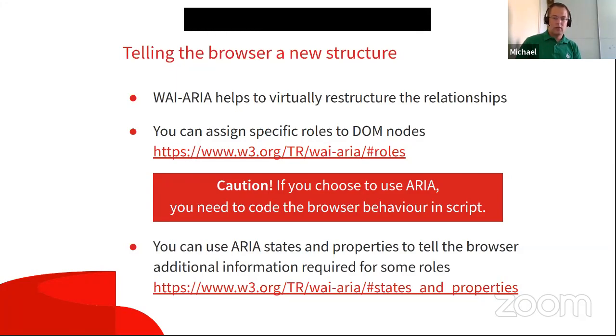If you create, for example, a span element and give it the role button, it doesn't have any of the behavior that is expected, and you have to do it all on your own. Additionally, with ARIA, you can assign states and properties to tell the browser additional information, like the number of children, the number of siblings of a node. I will show you an example of this later.